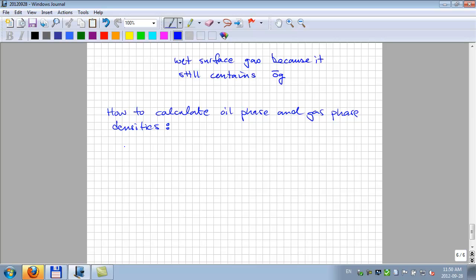So we know RS, BO, little rs, BG, D, at some particular pressure and temperature. And we don't know what is the density of the oil phase and the density of the gas phase. That's what we want to know. And that's density at pressure and temperature.